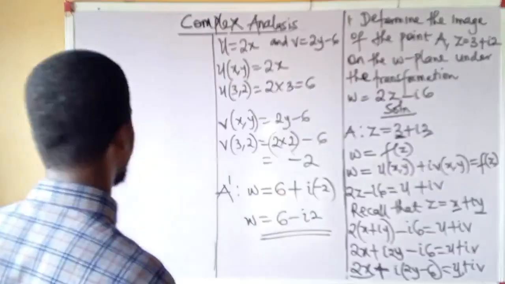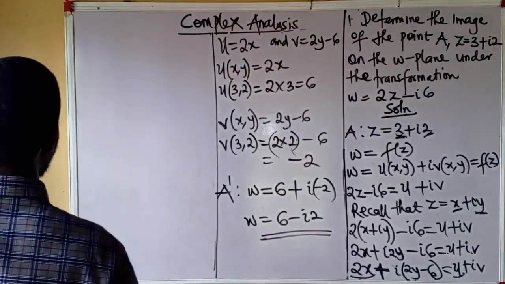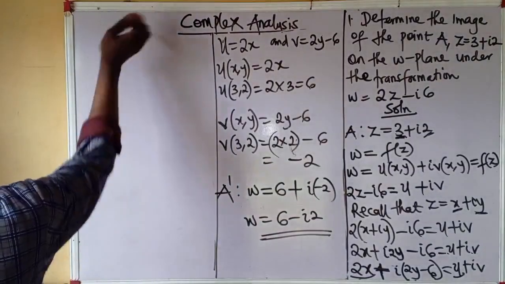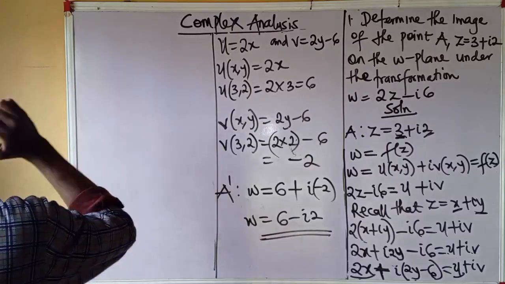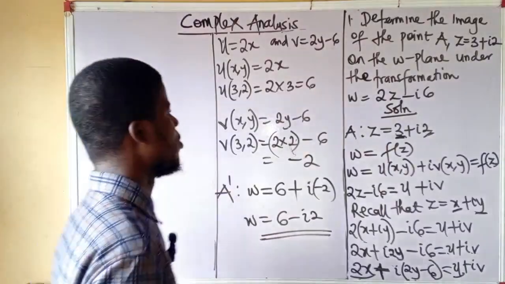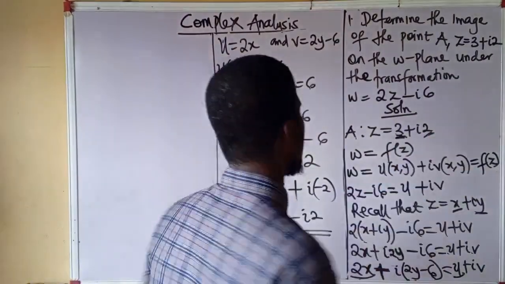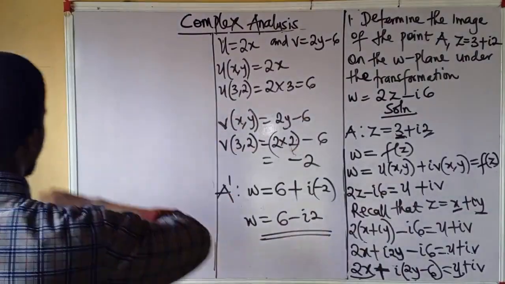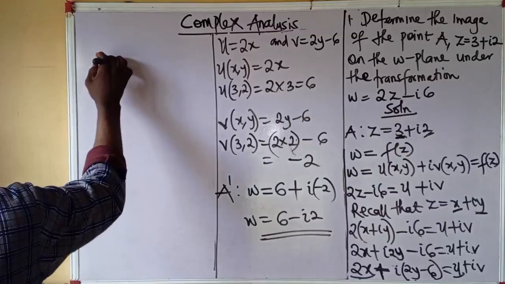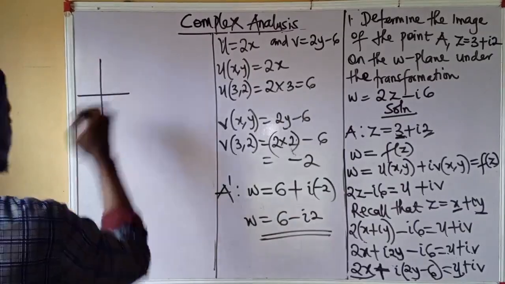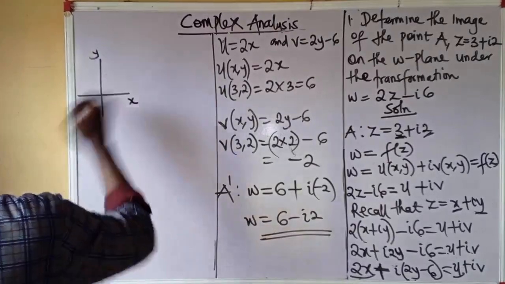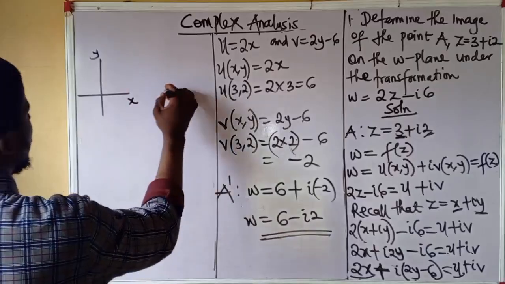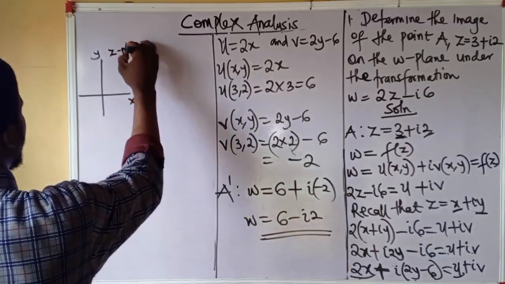We can try to sketch the graph. Let's attempt to do that. We have the Z plane and we have the W plane. In the Z plane, we are dealing with 3 plus I2. So let me plot that complex variable. 3 is the X, we have the X and the Y. This is the Z plane.